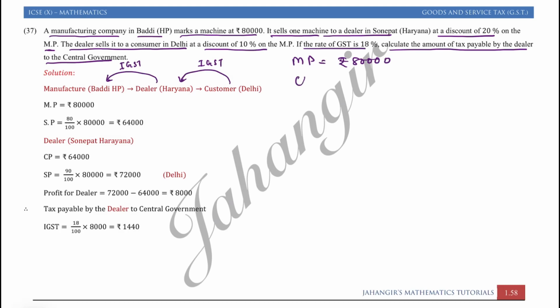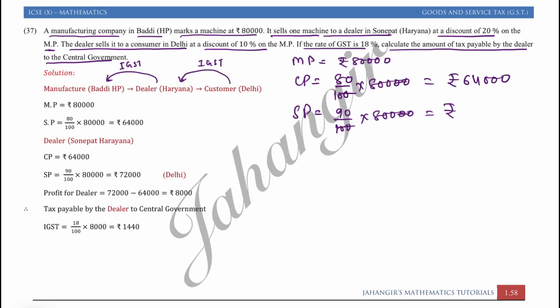So first we will find the buying price of the dealer, that is 20% discount, 100 minus 20, which is 80% of 80,000. It's rupees 64,000. He bought it for that and sold it at 10% discount, that is 90 upon 100 into 80,000. So rupees 72,000.